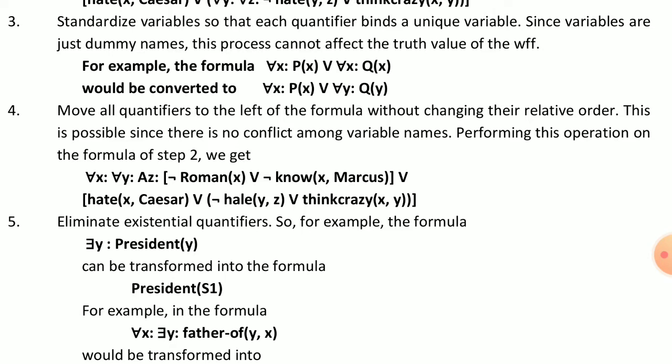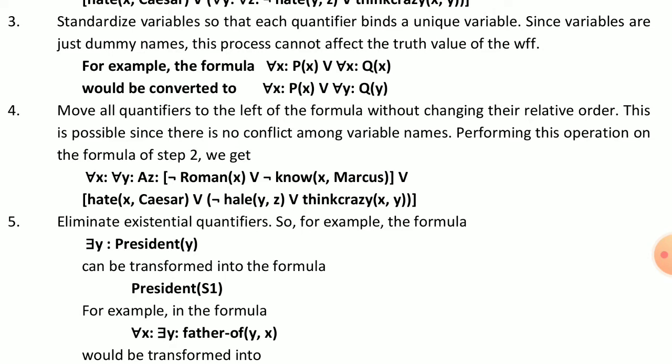Here we use standardized variables, and we make the variables unique, meaning that a variable is not the same as another variable. So we can take the dummy names and find out the truth value for those unique variables.